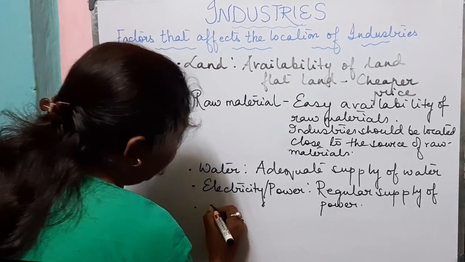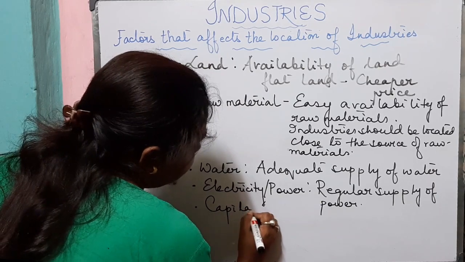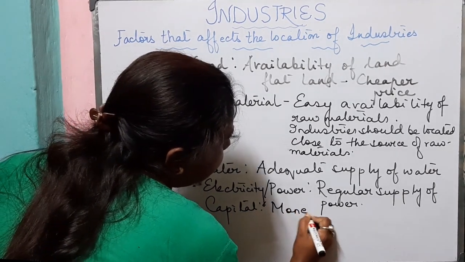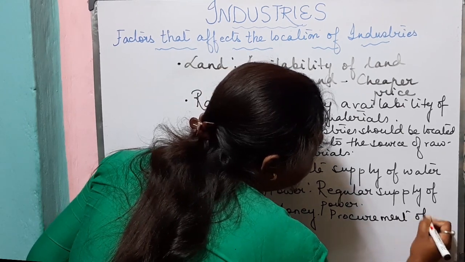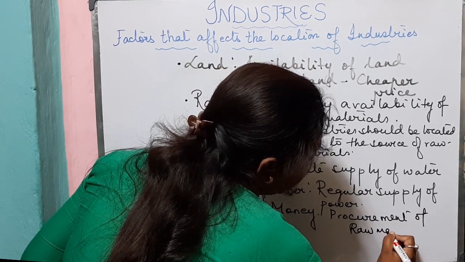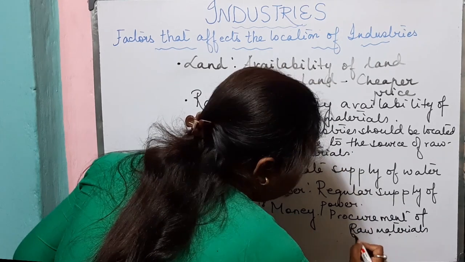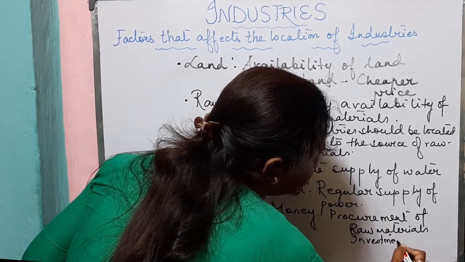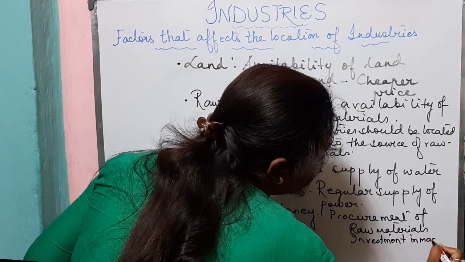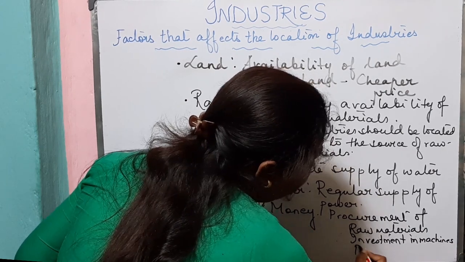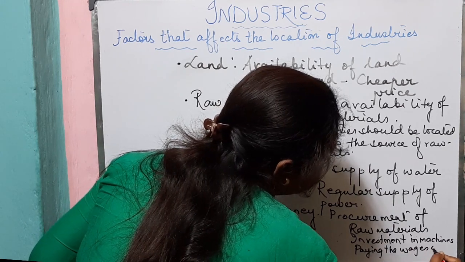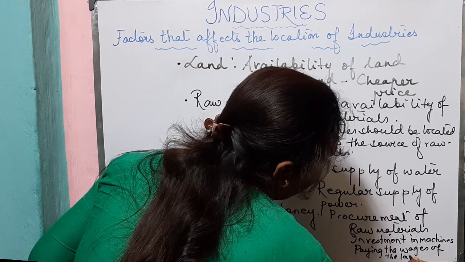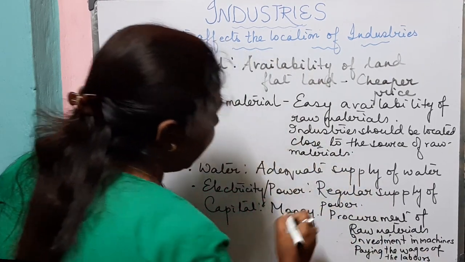After electricity, we need capital. That means we need money, because everything in the industry, that means procurement of raw materials, investment in machines, or paying the wages of the laborers, all can be done only with the help of money.